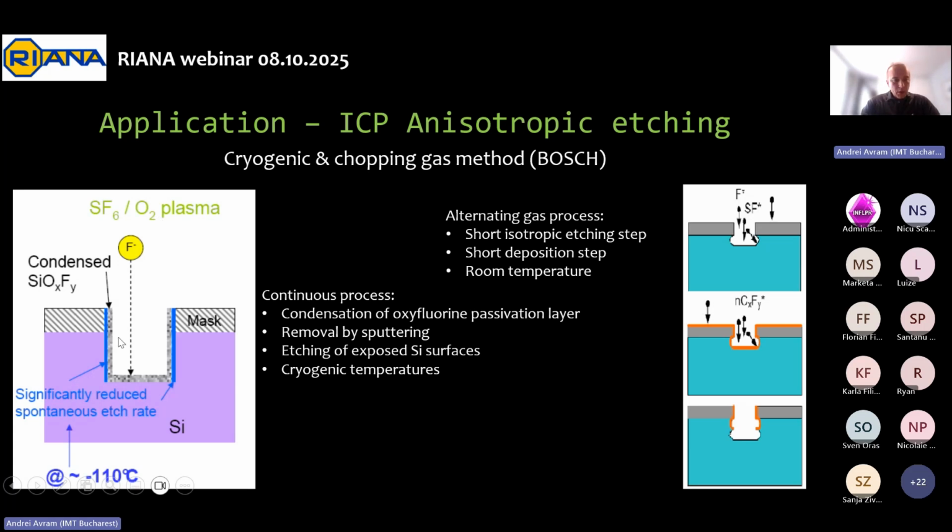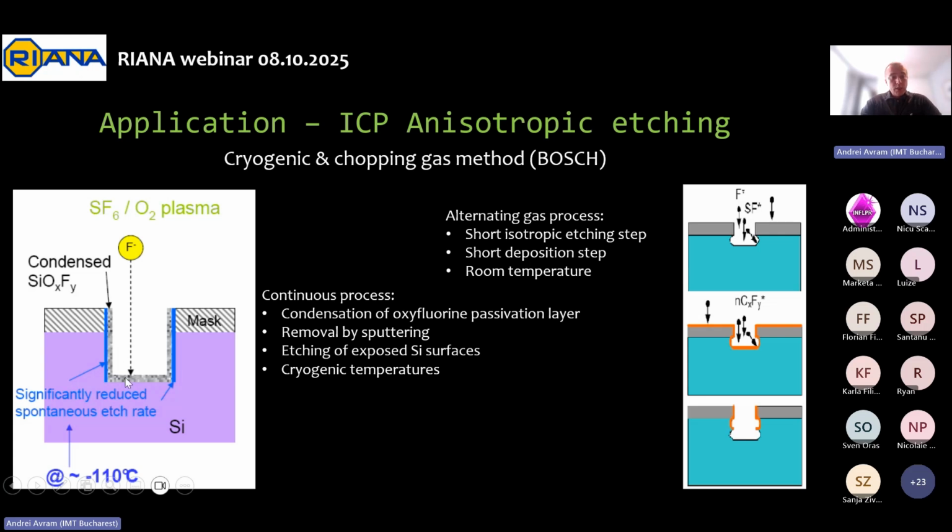You can continuously etch, and when silicon is exposed to the oxygen and fluorine in the plasma, the oxygen and fluorine instantaneously condense on the surface, creating oxyfluorosilicates.